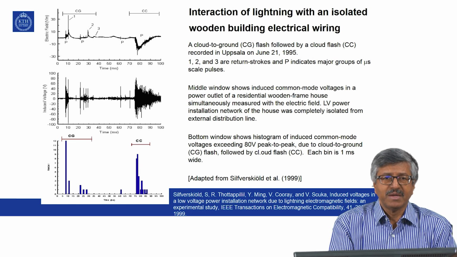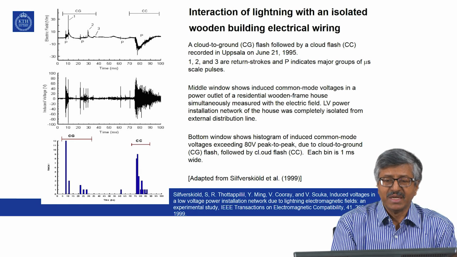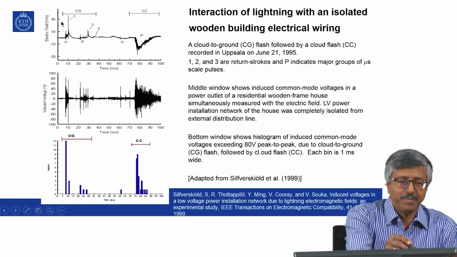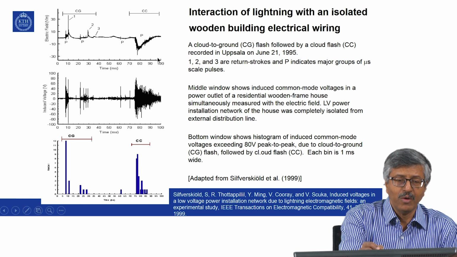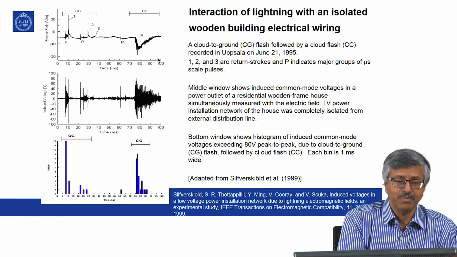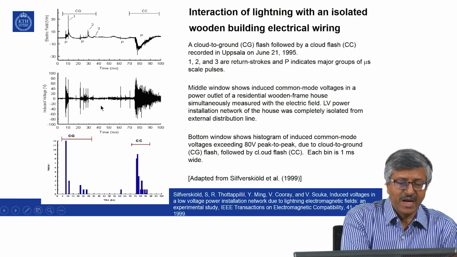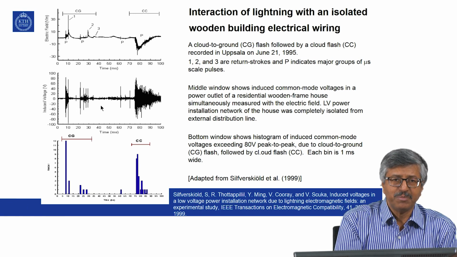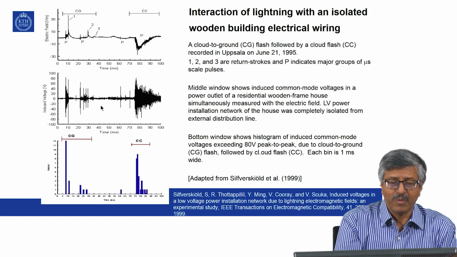Now, in this picture some measurements done in Uppsala, Sweden in 1995 are shown. So, the top picture shows overall wave shape, electric field change wave shape from lightning during a thunderstorm, and the middle graph shows the current measured in the power outlet between one of the wires and the ground, the earth conductor.